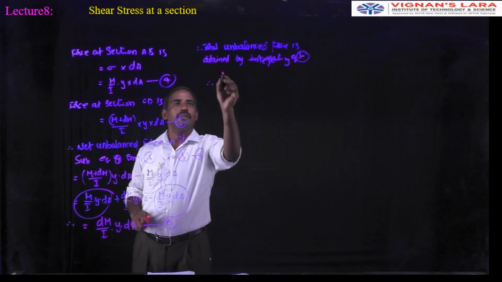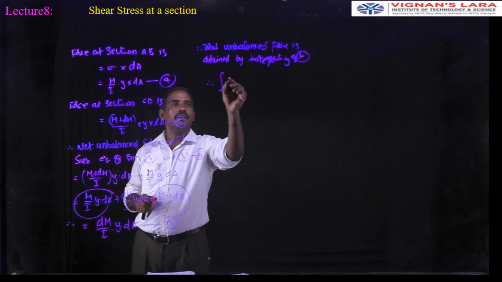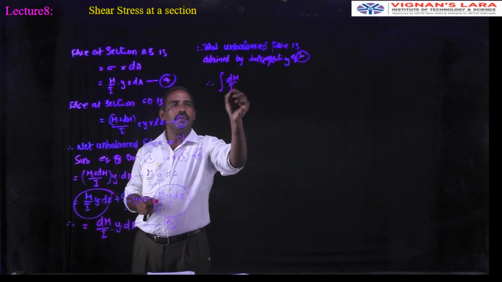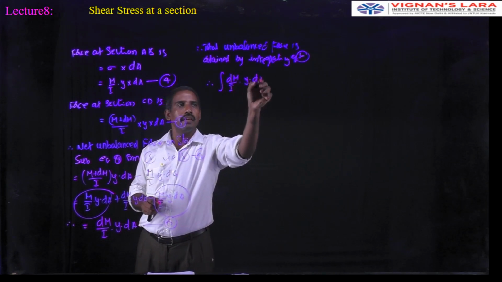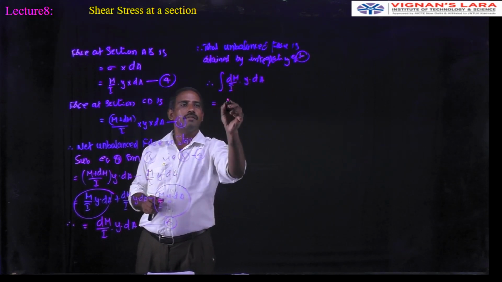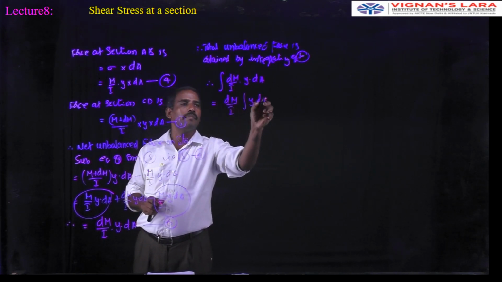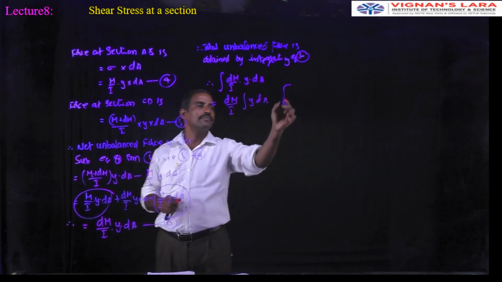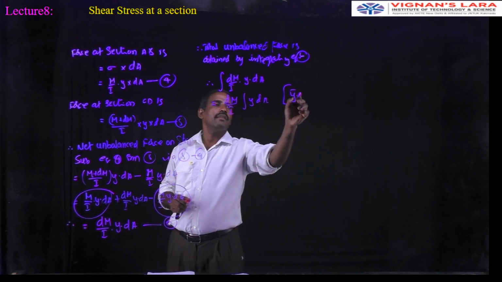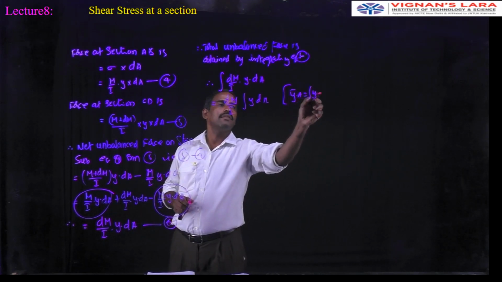So the integral of dM by I into y into dA, where dM by I is constant, y into dA. As we know, y bar into A is equal to the integral of y into dA.